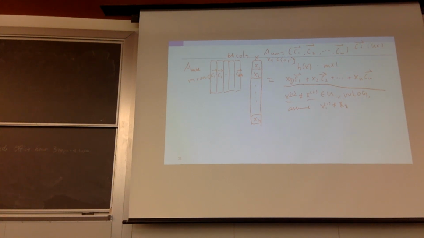Since these are different, you only have two choices: either x11 is 0 and x12 is 1, or x11 is 1 and x12 is 0.